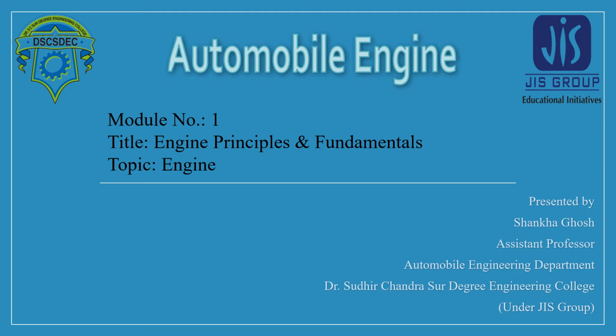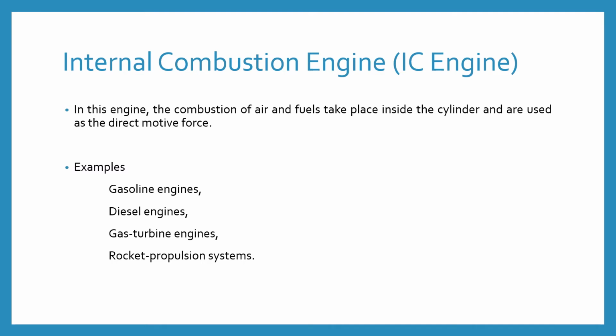So students, let's start today's class. This is the engine part 2. As I discussed in the previous class, the engine has only two types. One is the external combustion engine, another is the internal combustion engine. The internal combustion engine is known as the IC engine. In this engine, the combustion of air and fuel takes place inside the cylinder, and that is used as the direct motive power.